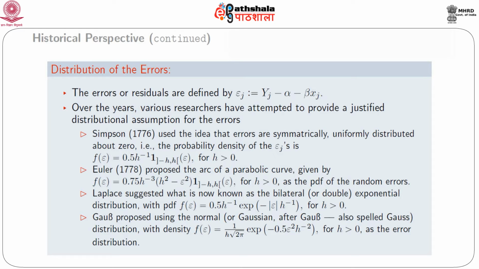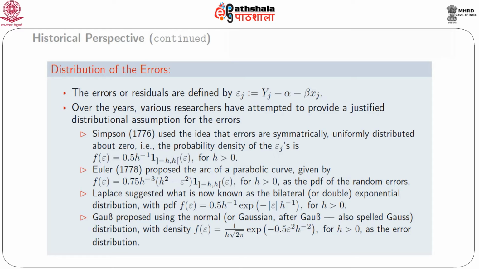Laplace suggested what is now known as the bilateral or double exponential distribution, where the PDF of the error is f(epsilon) equals half times 1 by h times e to the power minus mod epsilon divided by h, for h greater than 0.